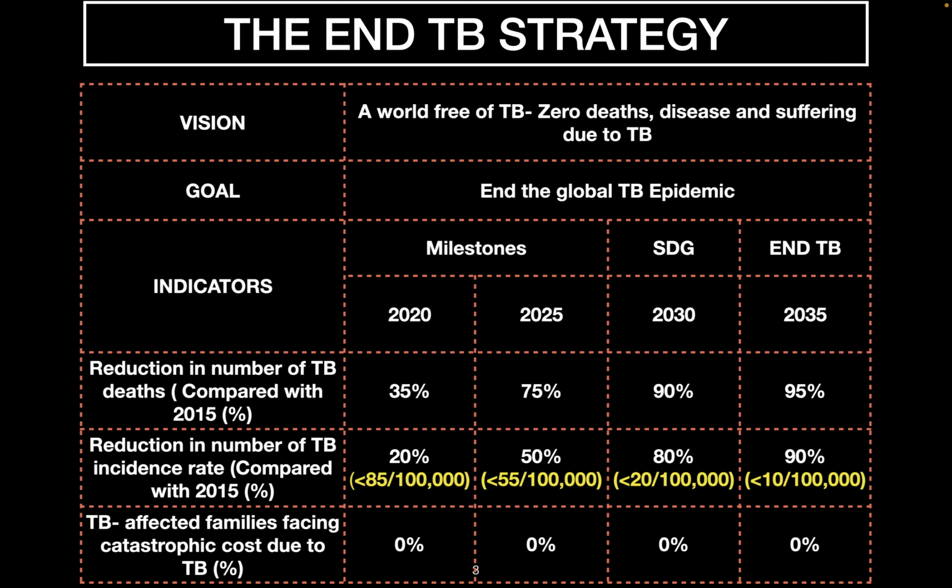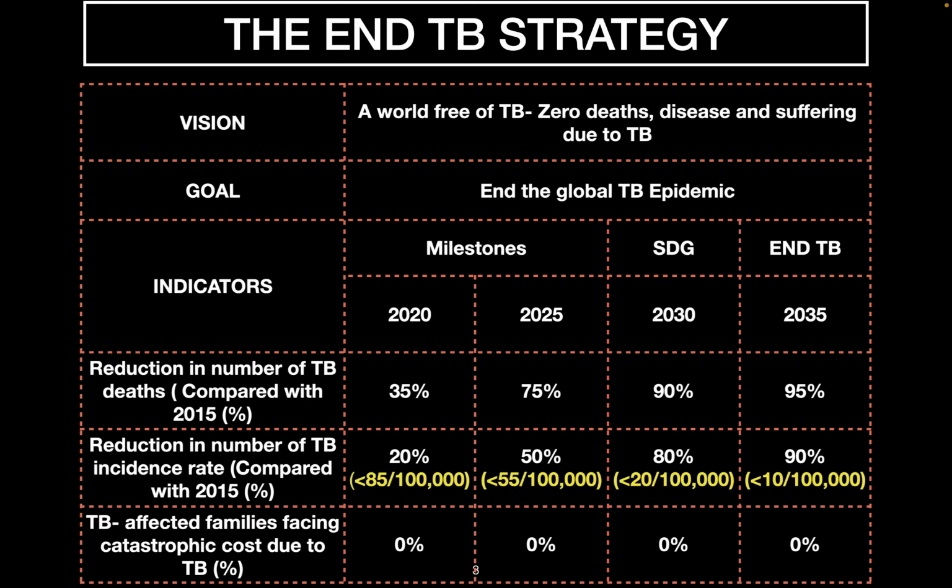It means the catastrophic cost, the burden of the treatment, should not be too much on the family, and we don't want the catastrophic cost to be there. So the out-of-pocket expenditure should be very low. The family should not have the burden of TB treatment, right?